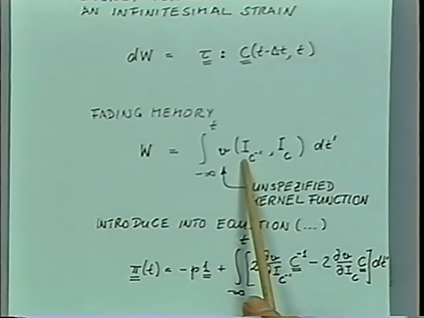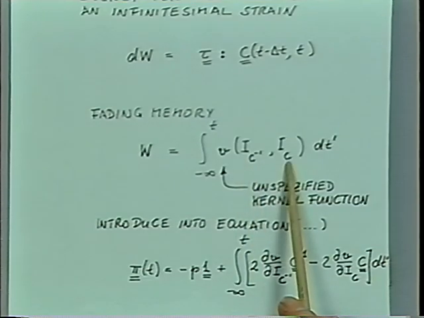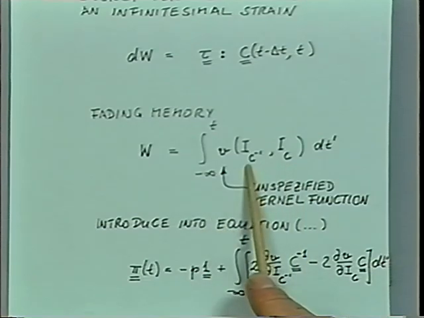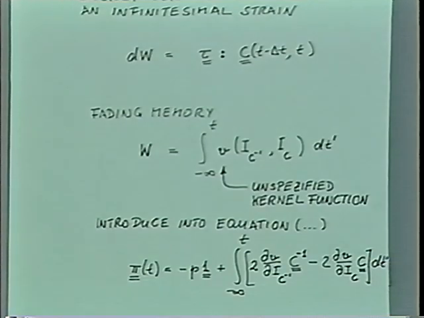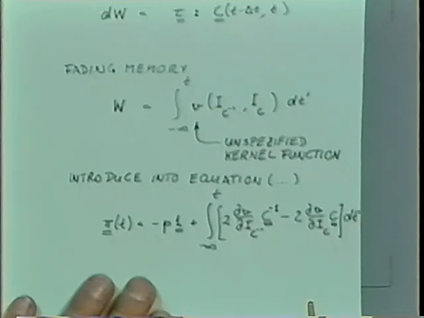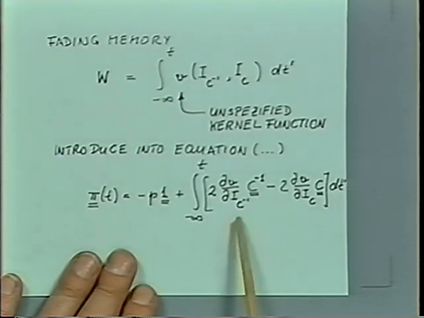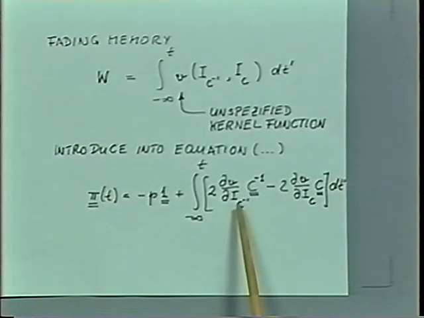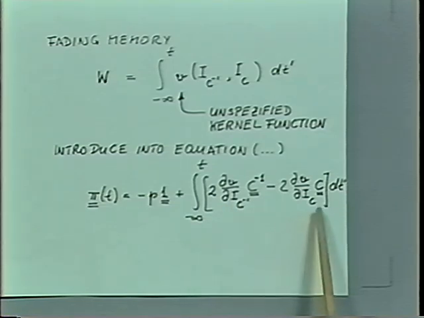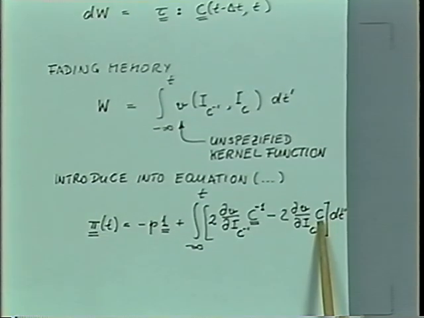I took the first one of the Finger strain and the first one of the Cauchy tensor. You can take the first invariant of the Finger strain tensor and the second invariant of the Finger strain tensor and rearrange everything accordingly. But I took those because in the strain energy formalism, we have the first term associated with the Finger strain tensor and the second term associated with the Cauchy tensor.